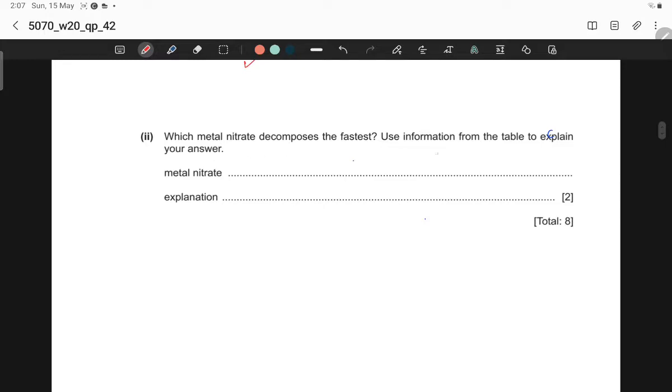Which metal nitrate decomposes fastest? Use information from the table to explain. Lithium nitrate, as its average time is smallest.